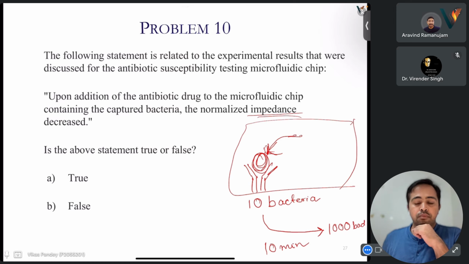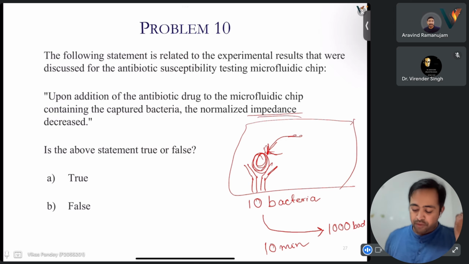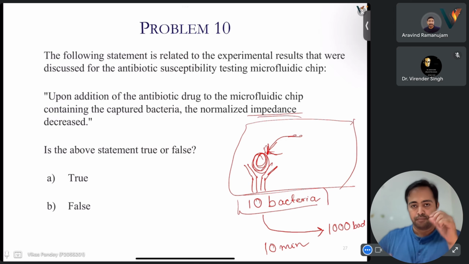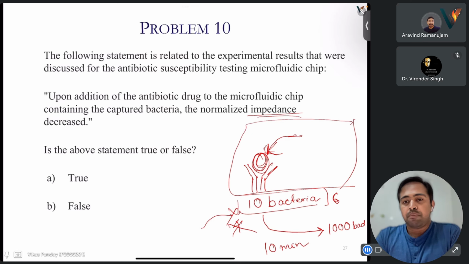Now suppose we are putting drugs in a different proportion. At the very beginning of this process we put in a drug, and it is able to kill 4 out of these. So our starting point becomes 6 bacteria and they will keep multiplying.